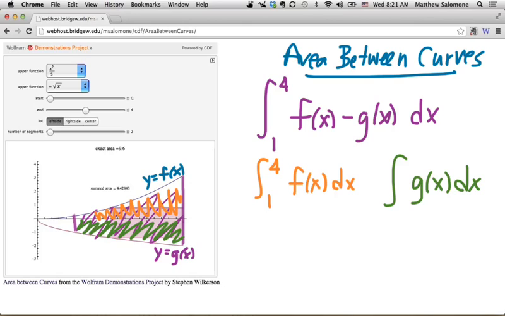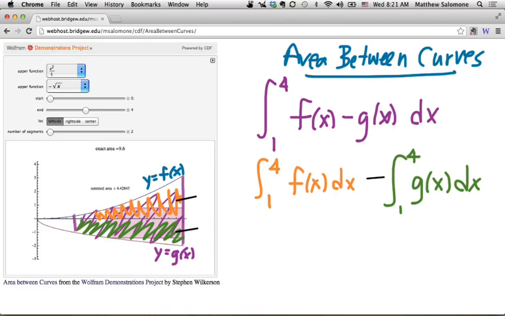Okay. So there's a couple different ways to think of it. First, let me give you this idea. Thinking of this as f of x, the area under f of x minus the area under g of x is saying, well, let's take this orange area here to begin with, and I'm going to subtract the green area, except the integral of g of x in this example, is it positive or is it negative?